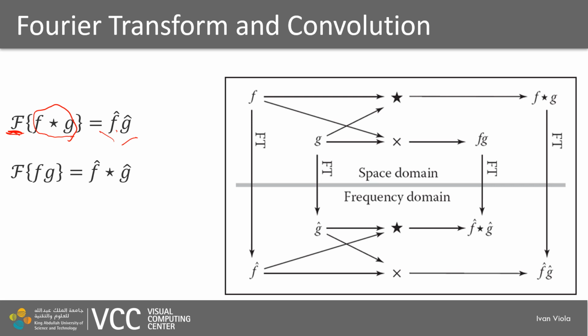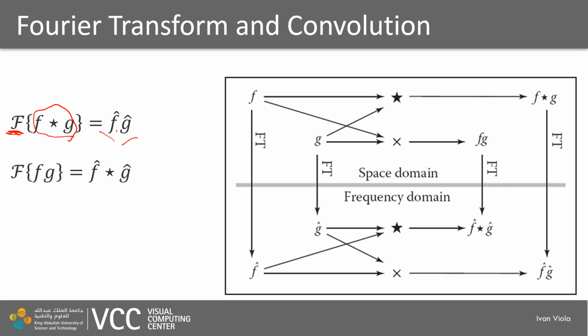So in other words, if the convolution is a very costly operation, we can simply transform our spatial signal into the frequency domain, then perform, instead of this costly convolution, a very cheap multiplication.